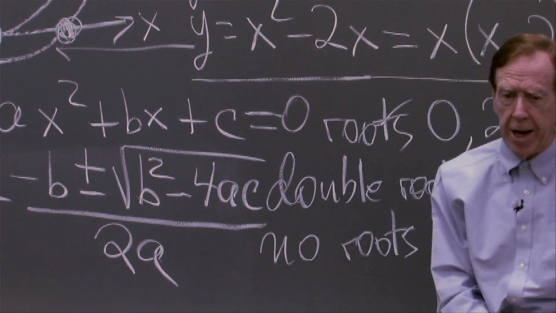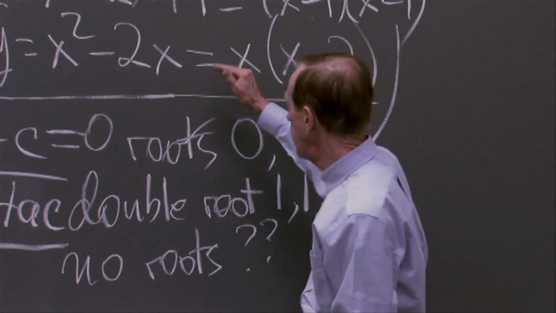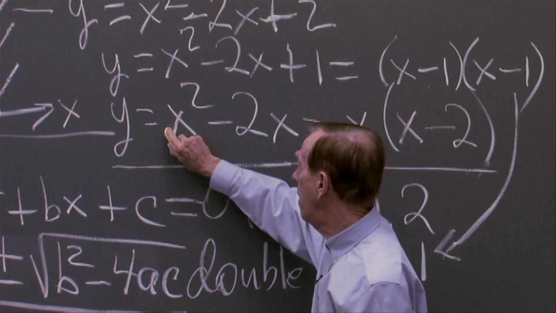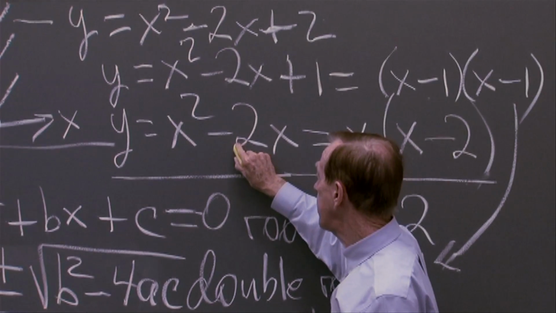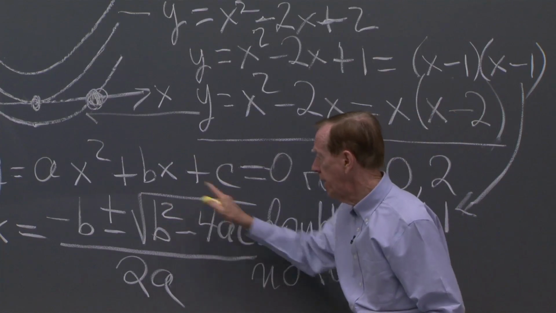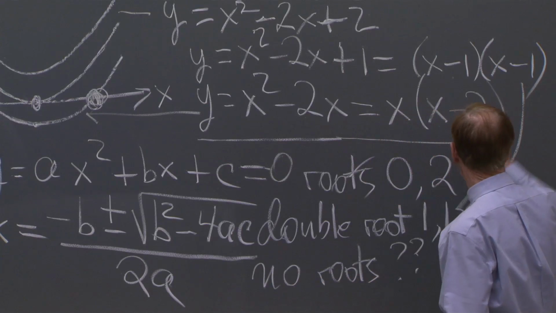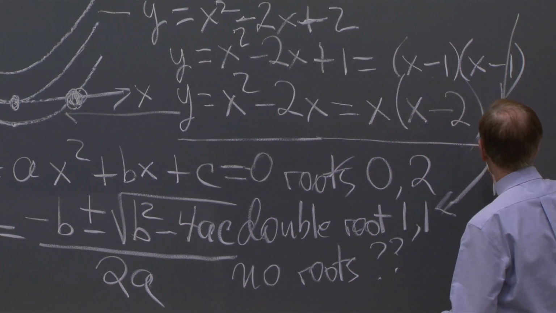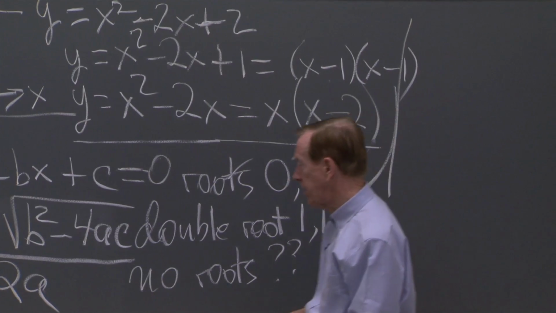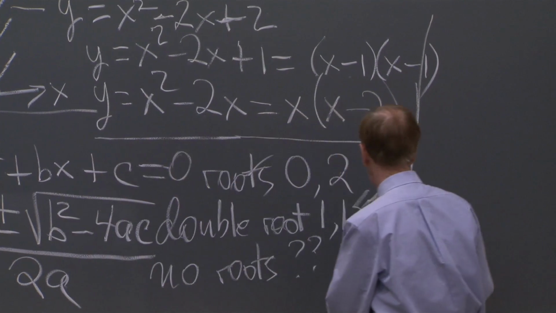Oh, well, let's just check it. Let's check it on the ones that worked. So this was the case when a was 1, b was minus 2, and c was 0, right? Can I try this formula? Maybe over here, where I'm hoping to get this answer 0 and 2. Let's just see if I do.